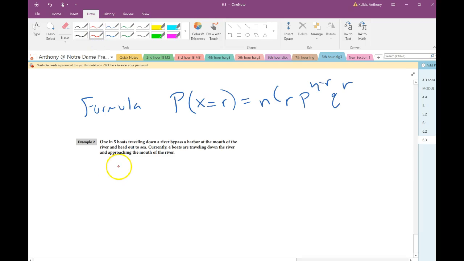So, in this case, my p is going to be equal to the probability of stopping at the harbor. That means q is the probability of going out to sea.